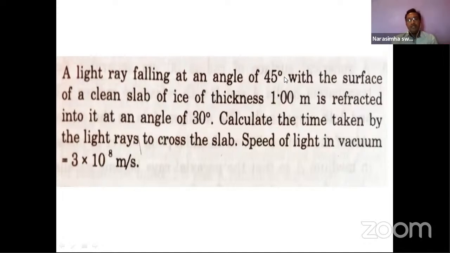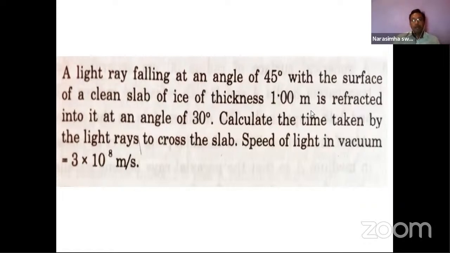So the angle of incidence is given as 45, the angle of refraction is given as 30, and the thickness of the slab is given as 1 meter. Imagine the figure. Now calculate the time taken by the light ray to cross this slab. Incident angle and refracted angle are given, so they are asking at what time it will reach the other side of the slab.